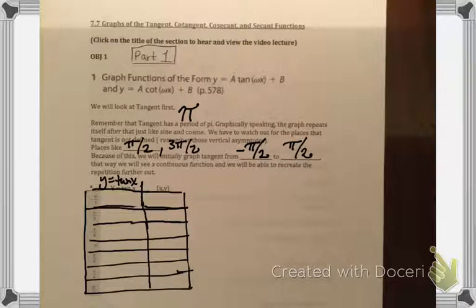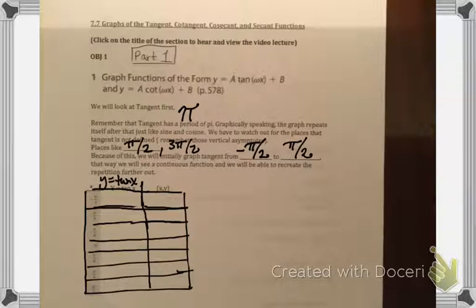The reason why is we want to see a continuous function. So in order for it to be continuous, we have to go from negative pi over 2 to pi over 2. We know that at negative pi over 2, tangent is not defined, and at pi over 2, tangent is not defined.